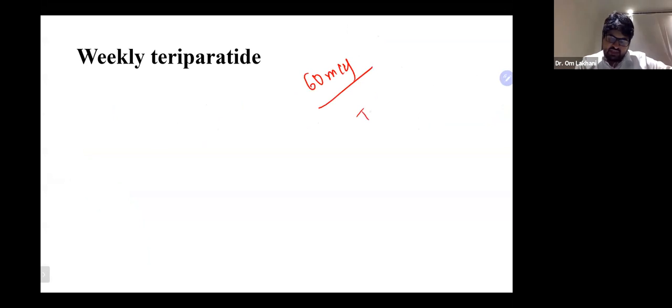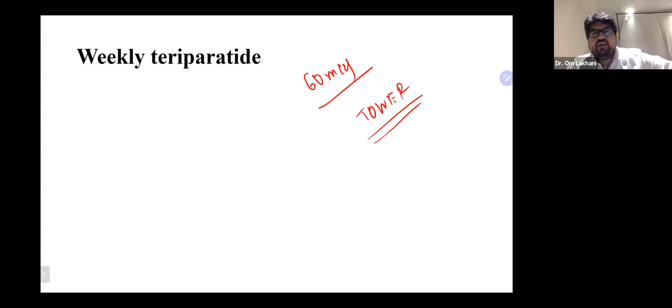I think the name of the study is the TOWER study. You can have a look at this; the free full text is available. If anybody is interested, they can send me a text and I can send the full text of this article. This was a randomized control trial where they compared a 60 microgram weekly dose of teriparatide with the standard dose of 20 microgram daily.